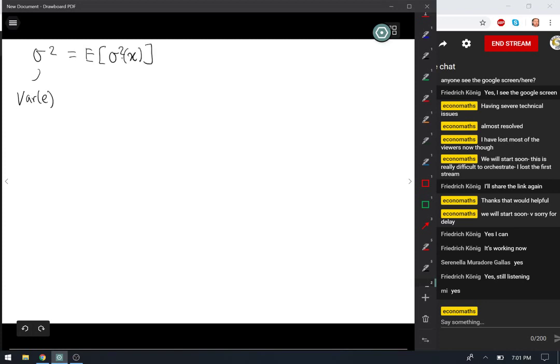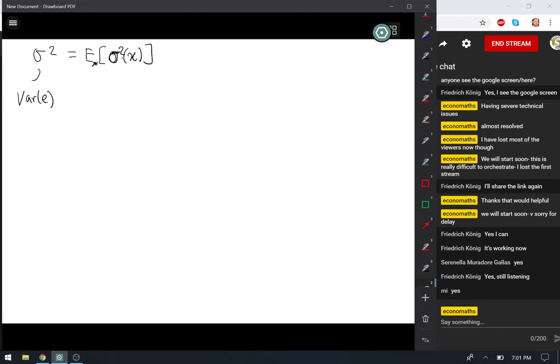It means take expectations with respect to the distribution of x. We often omit this and just infer what the expectation is taken across. But because this is just a function of x, where x in general could be some random variable, we take the average across x. Well, this is just the law of iterated expectations, right?